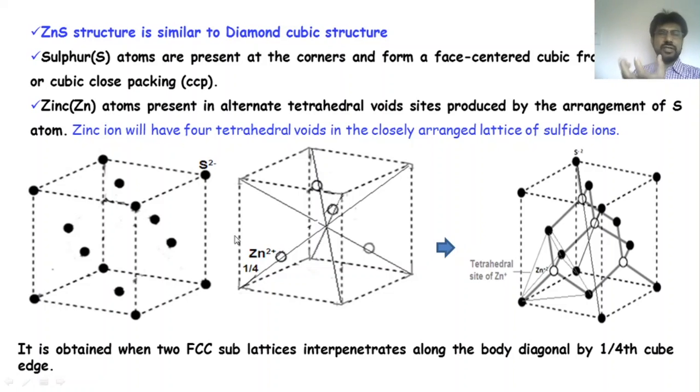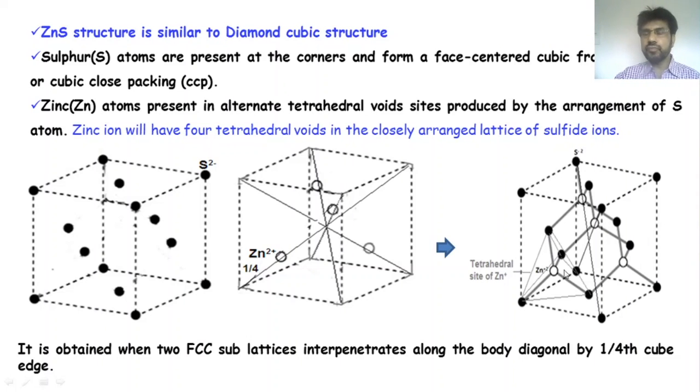Means here, if this is the one unit cell, the another unit cell gets penetrated along the body diagonal, but only at a distance of 1/4. So there will be the formation of such a type of the structure, and this structure is known as the zinc blende type of the structure, that is the ZnS type of the structure.